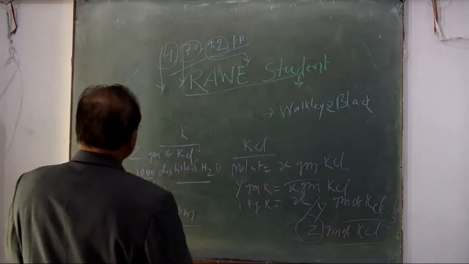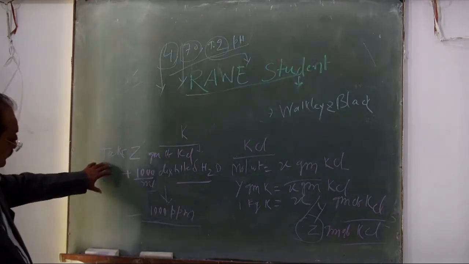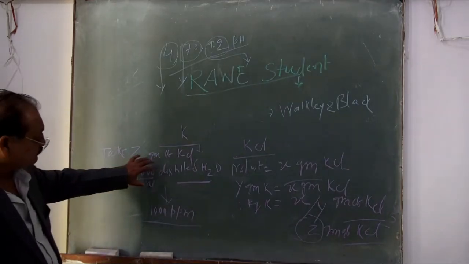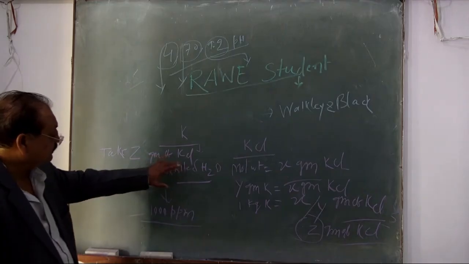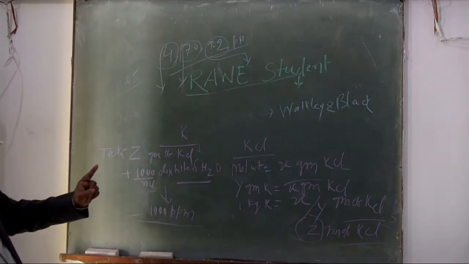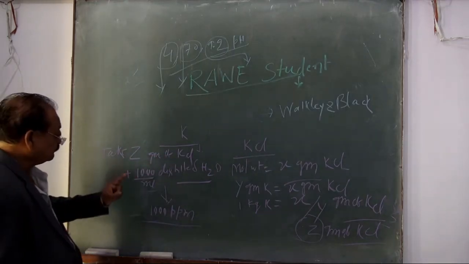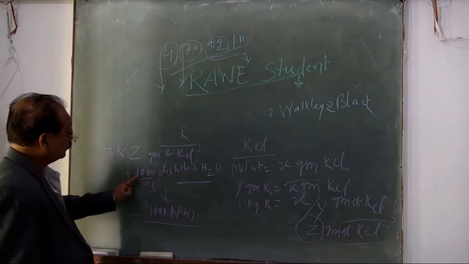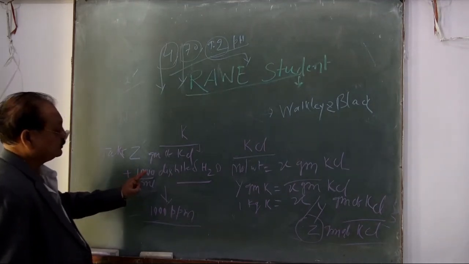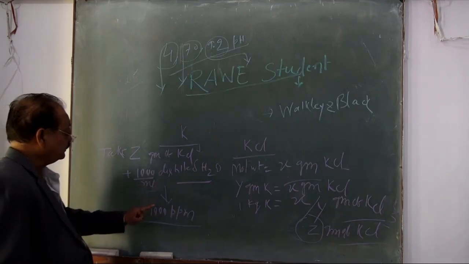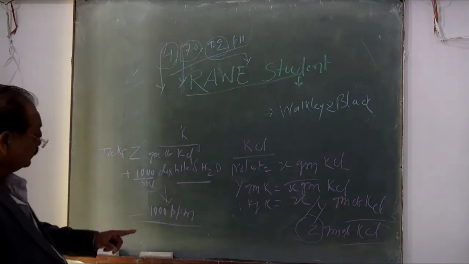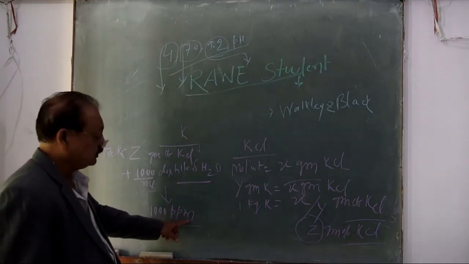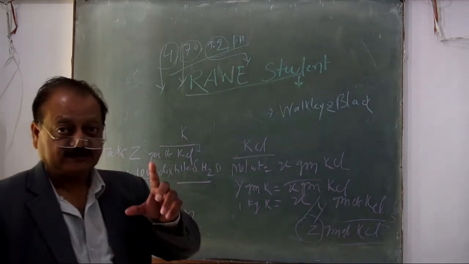It means this Z gram of KCl means 1 gram potassium. So 1 gram potassium dissolved in 1000 ml distilled water gives you the 1000 ppm standard solution.